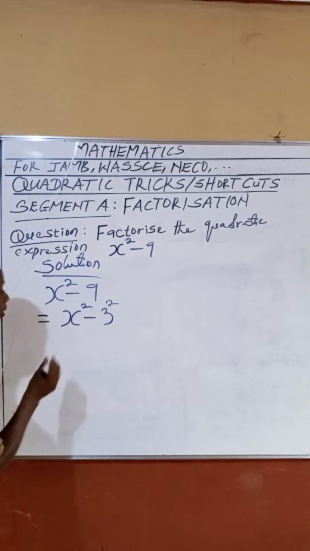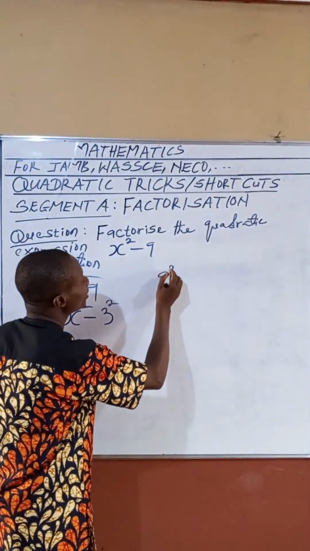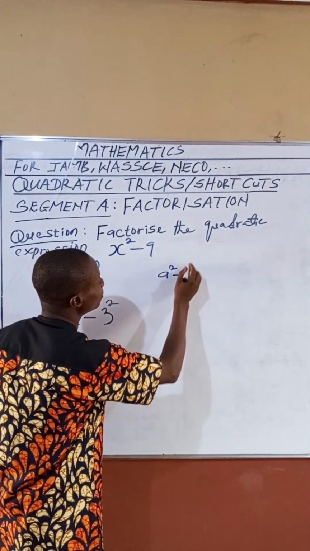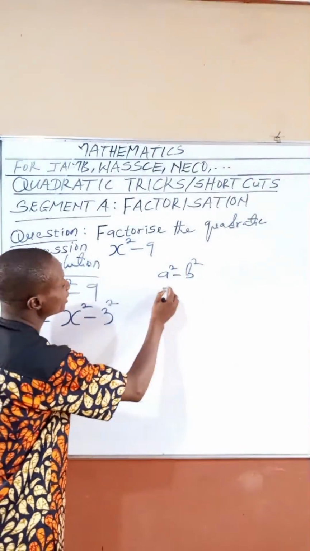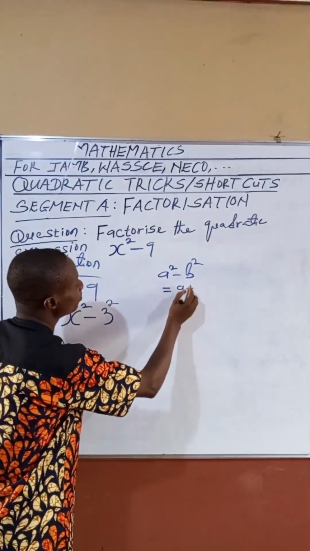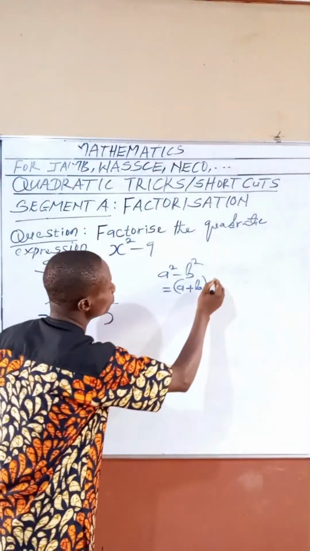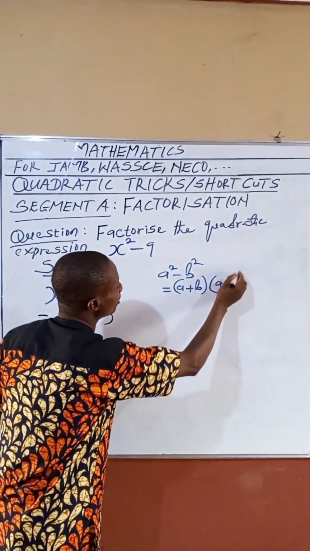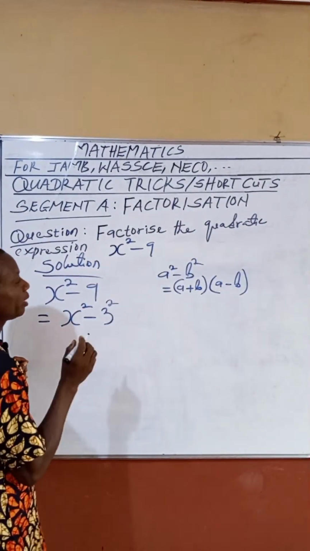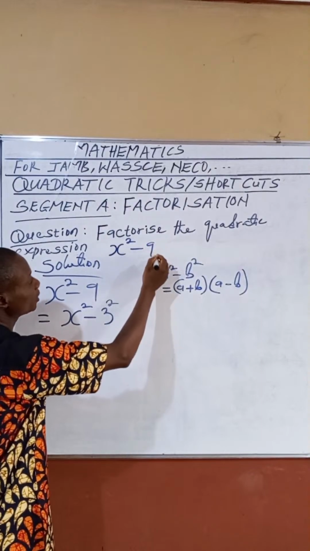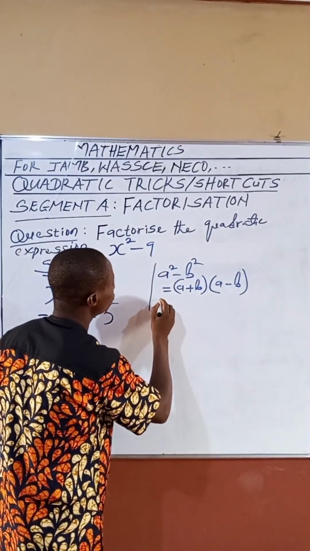When you have a squared minus b squared, it is the same as a plus b, then a minus b. This is called difference of two squares. We must use it. It's good we use this.